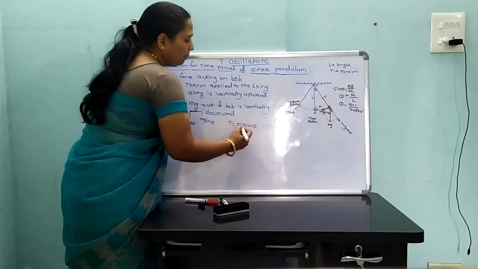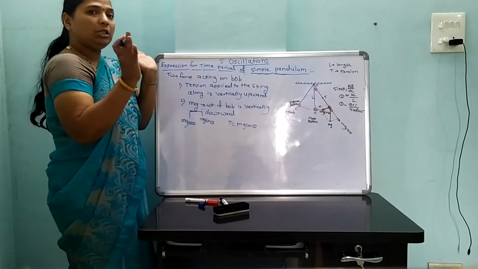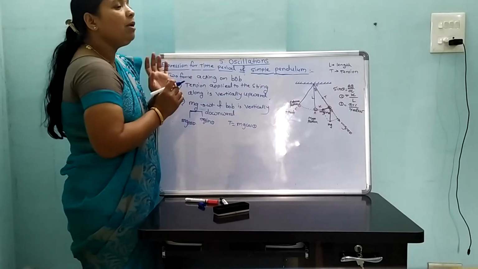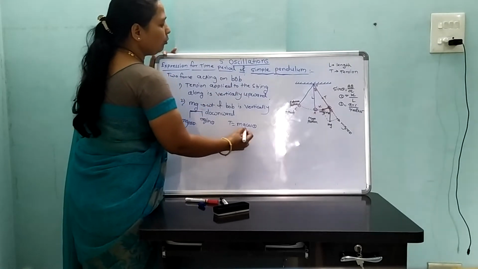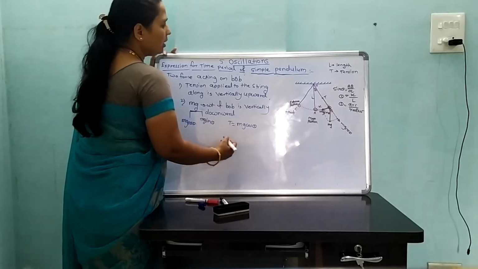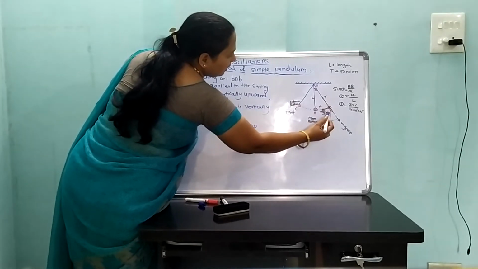T and Mg cos theta act in opposite directions. Since T is equal to Mg cos theta, both are equal and they cancel. Hence, we are left with only the component Mg sin theta.